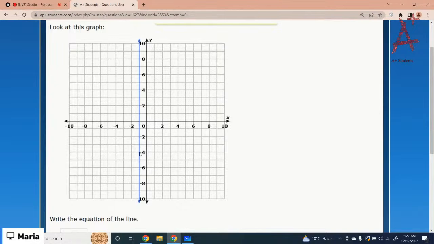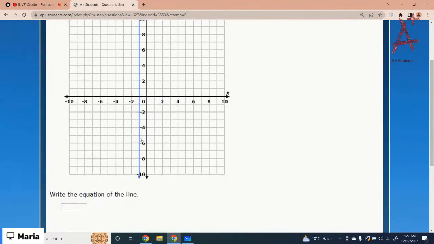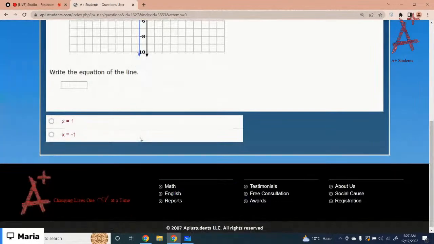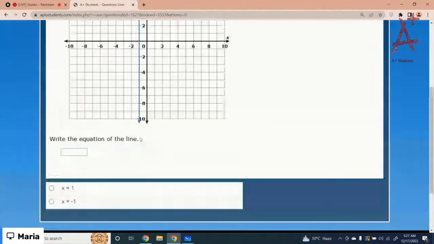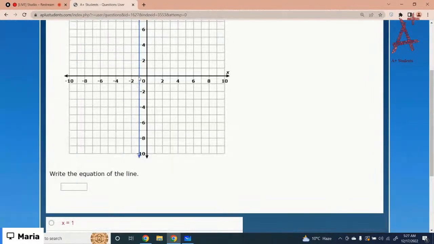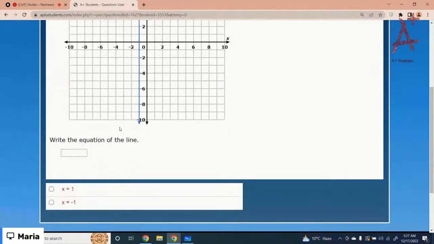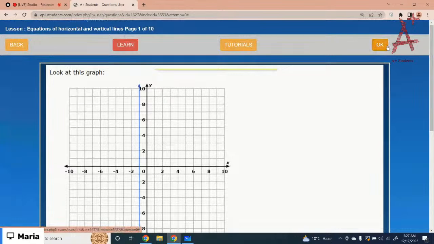So x has the same value on the graph, but y has different values. So the equation is x equals negative 1. Got it? Because the graph is passing through the point negative 1 on the x-axis. So the equation must be x equals negative 1. Got it? Select the correct option and click on the OK button. Got it?